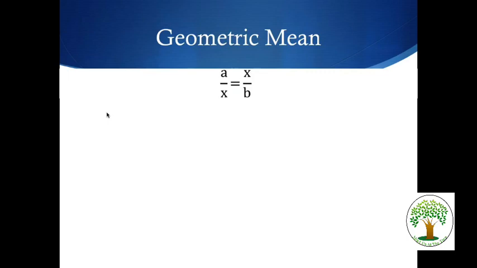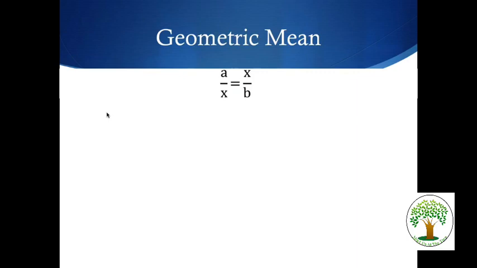Geometric mean will always have two X values, and they will always be either on the extremes or on the means. They will always be diagonal from each other. We're going to do the algebra part first, and later, in a couple more units, we will use this to find lengths of parts of triangles.